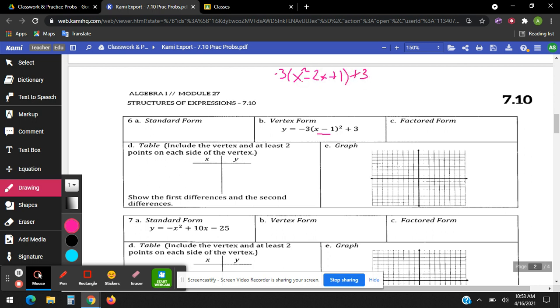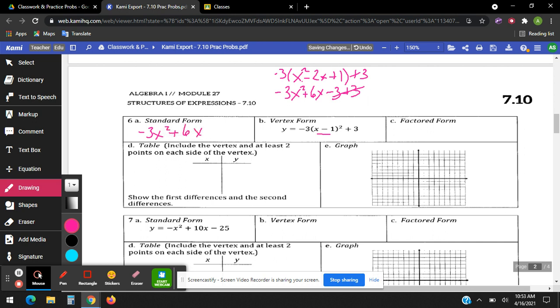So then I'm going to multiply my negative 3 here. Negative 3x squared plus 6x minus 3 plus 3. Well, minus 3 plus 3 cancel out. So my standard form is negative 3x squared plus 6x.